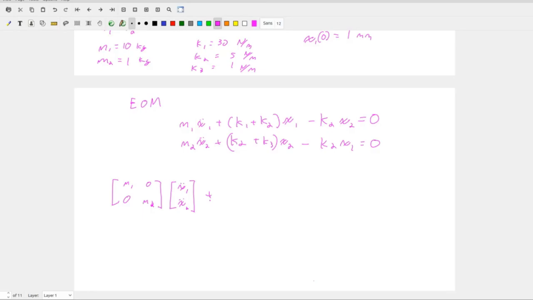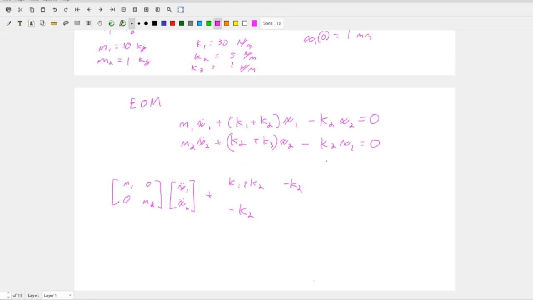So in our x1 term, we've got a K1 plus K2 in the top left, and then we have a minus K2, and then down here we have another minus K2.